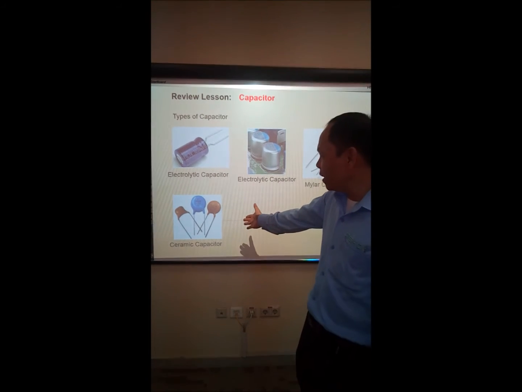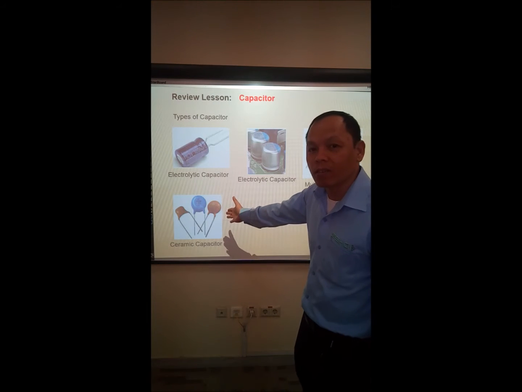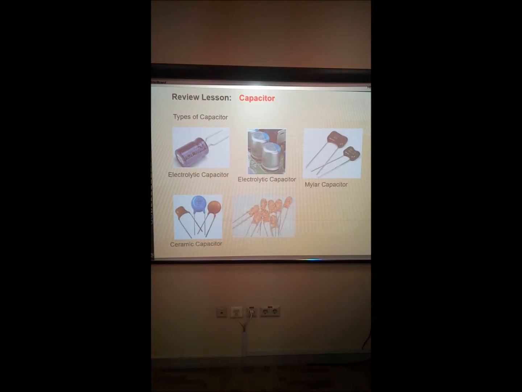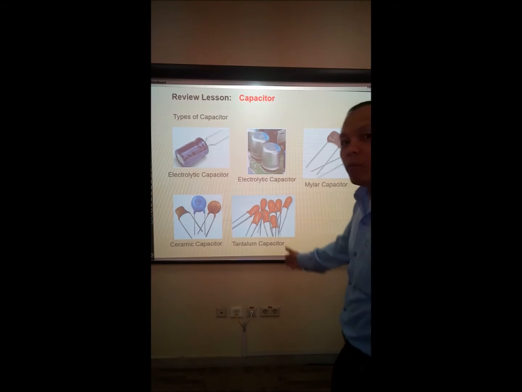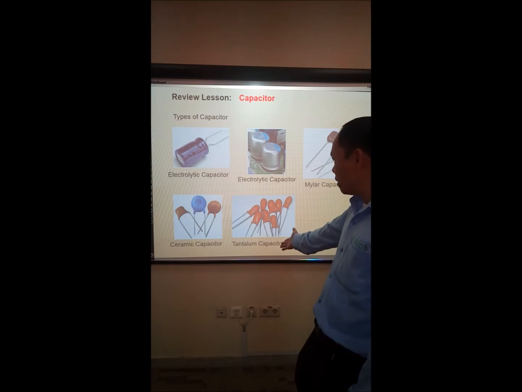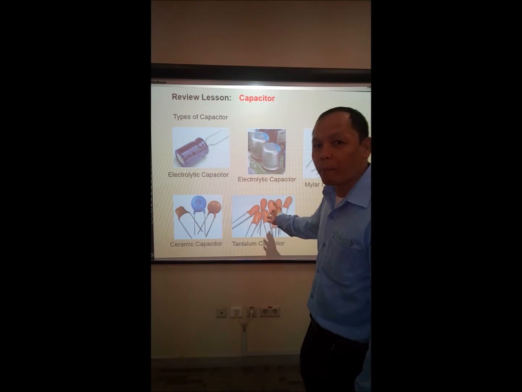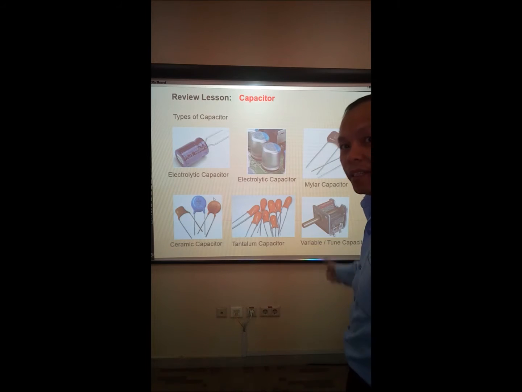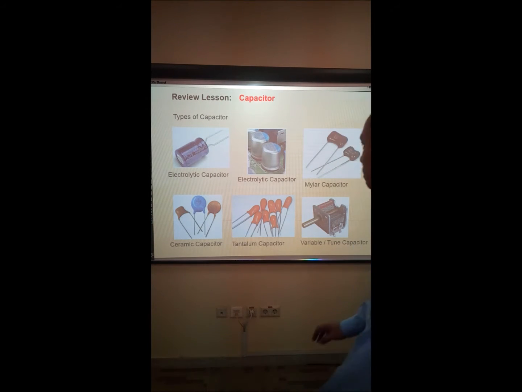We have another capacitor which is named ceramic capacitor. And then we have another capacitor which is named tantalum capacitor. And the last one is the variable or tuned capacitor.